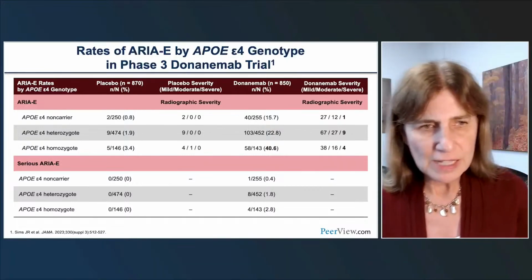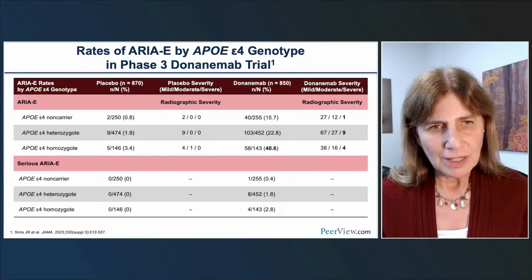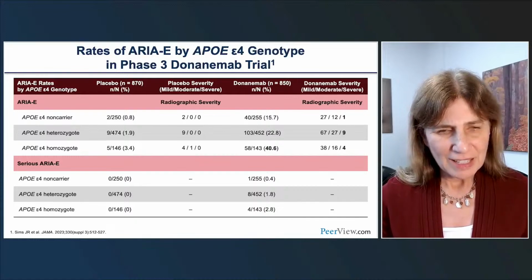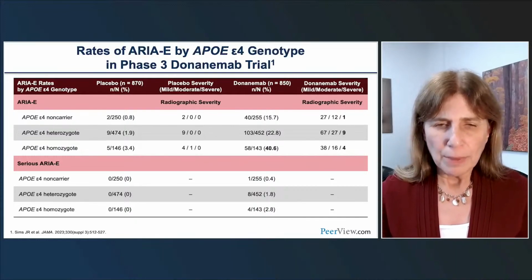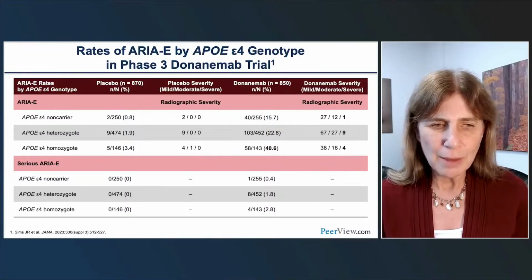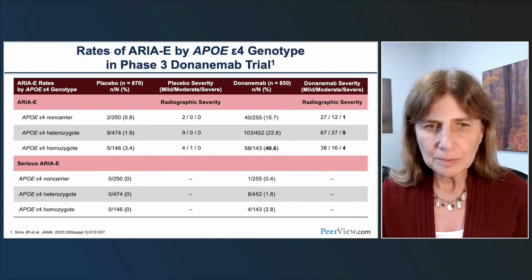And then we don't have exactly comparable data. We have rates of serious ARIA-E. In the lecanemab data, we had this listed as symptomatic ARIA-E, which is not exactly comparable, but the pattern is there. You have a little bit greater trend in the ApoE4 homozygotes towards serious ARIA-E.